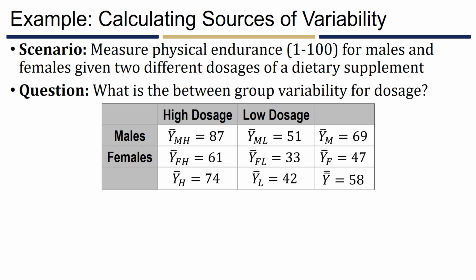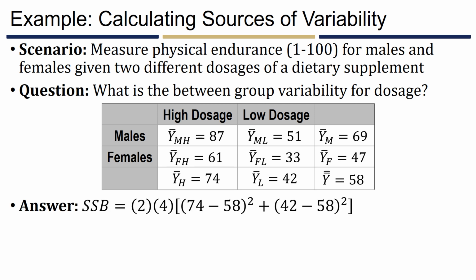We can do a similar thing to calculate the between-group variability for dosage. This sum of squares is going to be denoted SSB. We'll start out by taking the average physical endurance score for the 8 subjects given the high dosage, 74. We'll subtract off the grand mean of 58 and square the difference.